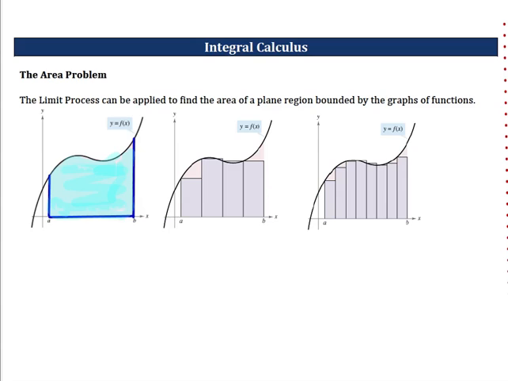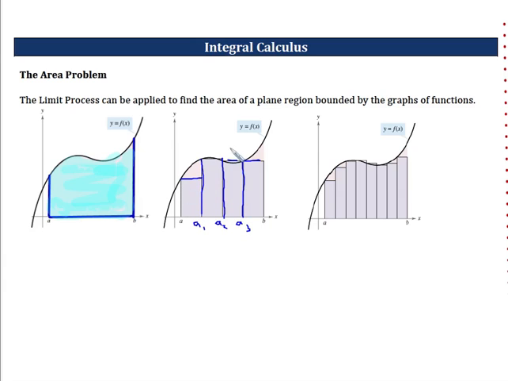Now, in thinking about using approximations, since we can find the area of a rectangle, what we do is split this area into a bunch of rectangles, all of which we can find the area. So here's A. We'll call this A sub 1, A sub 2, and A sub 3.